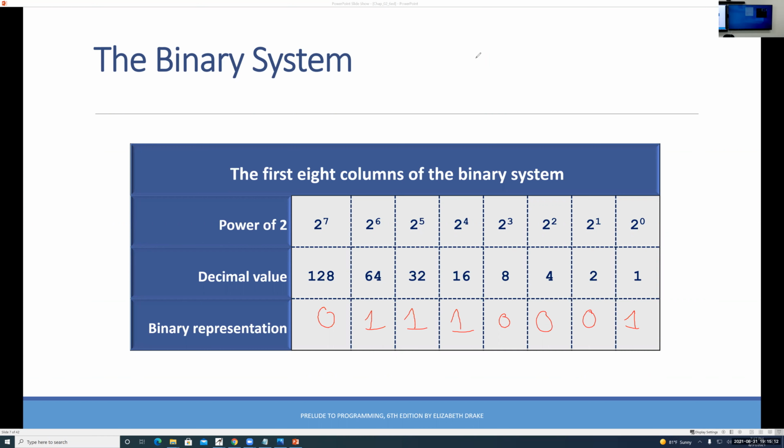Right? No, not right. This one is already 96. Okay, this one is 112 and 113, not 103. 113 here. Right? Yeah, you're right. Okay, so that is the way you convert from binary to decimal.